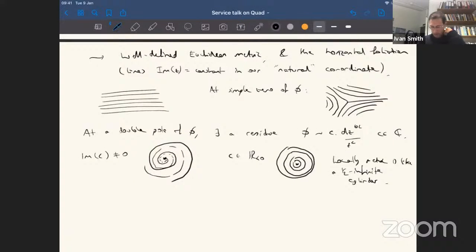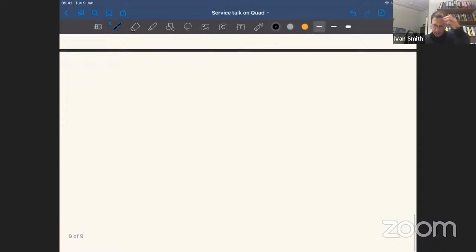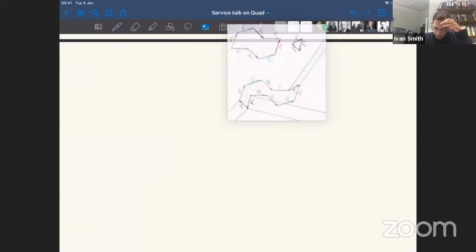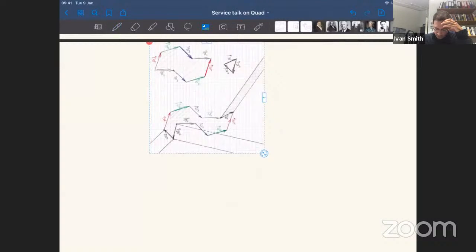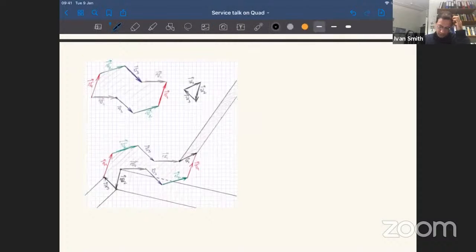I had a picture which I sometimes find helpful, not to say that anybody else finds it helpful. So here I have a sketch of the standard kind of thing that people think about when thinking about flat surfaces, singular Euclidean metrics, which is that I have some planar polygon and I can identify the sides by translations.